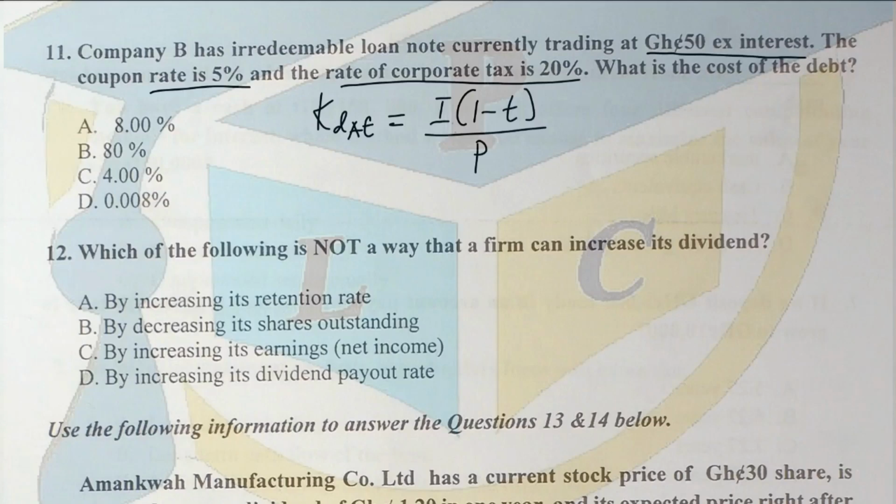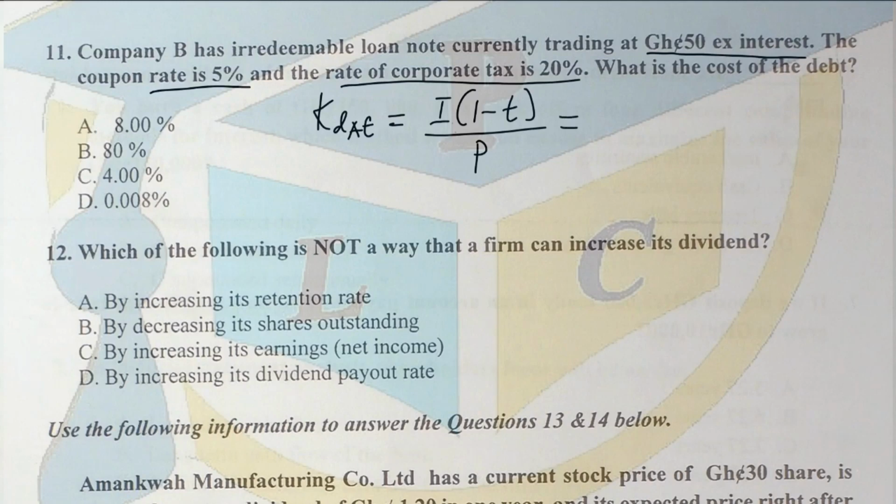Ex interest means there is no future interest being added to it. If it was cum interest, it would mean they have added the future interest, but this one is ex, so there is nothing attached or added to the price here. So you just use this formula to work it out.